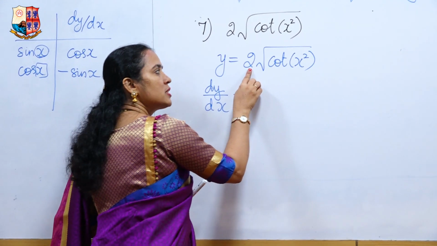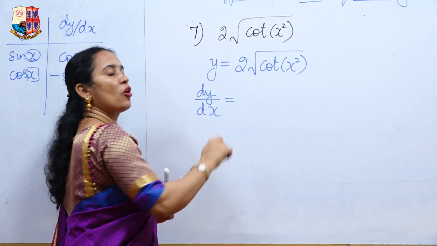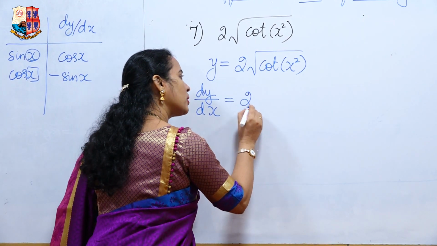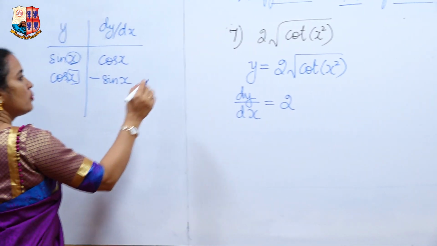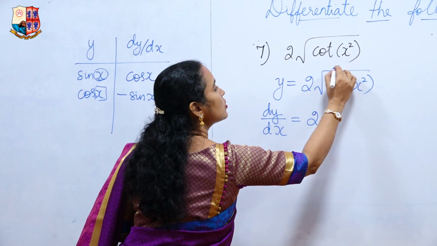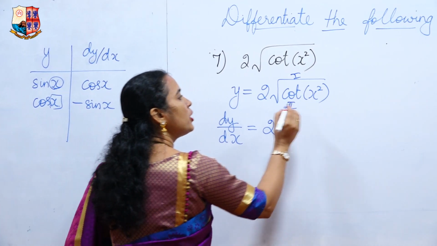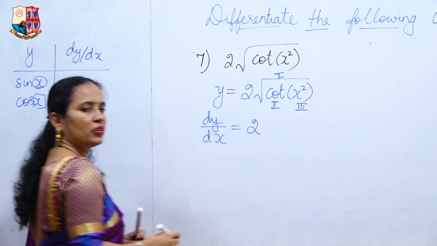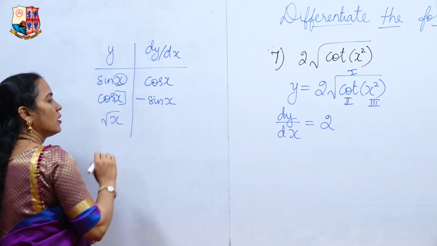Now constant in multiplication, this is 2 into root of cot of x square. So constant in multiplication will remain as it is. Next, root x, outermost you have square root. So square root will be your first function, cot will be your second function, and x square will be your third function. So square root, that is root x.